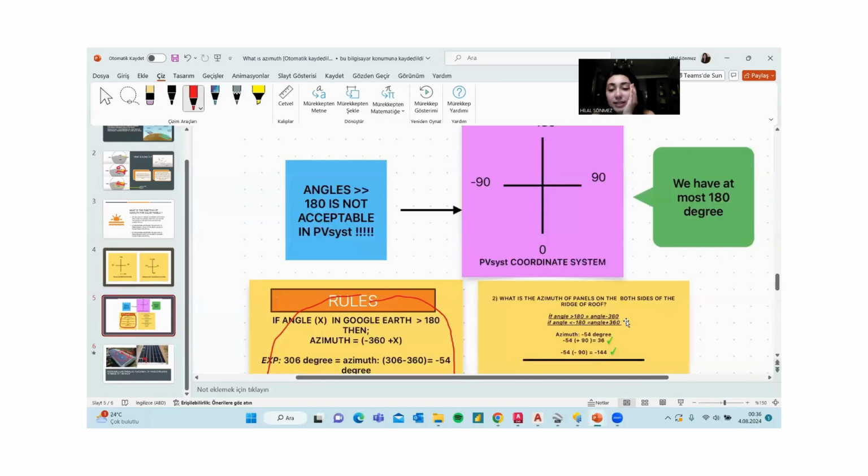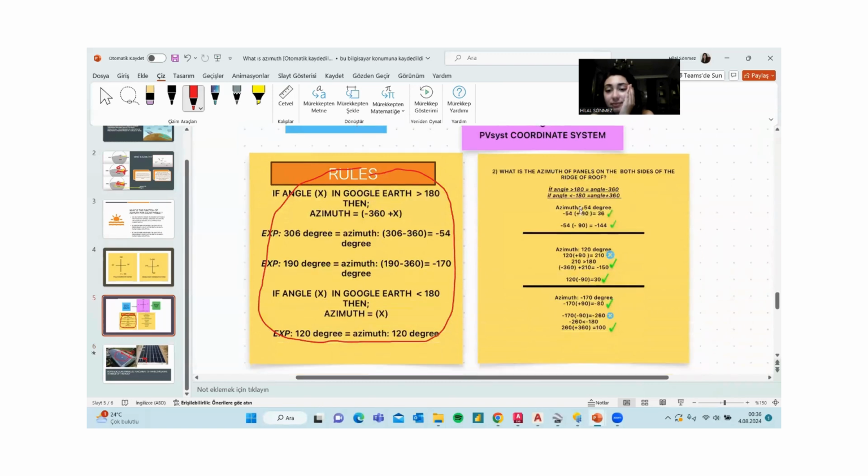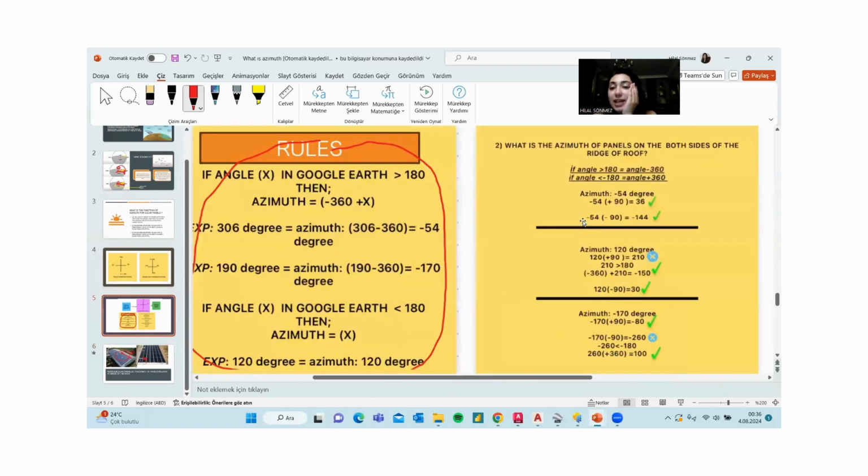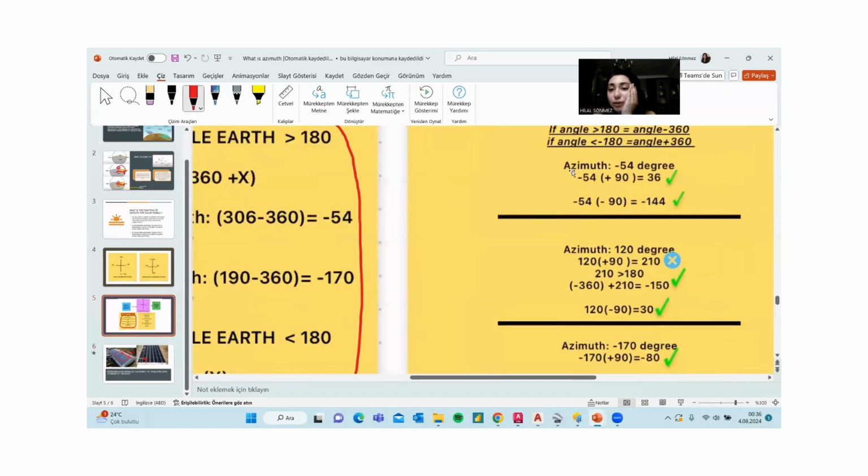Let's come to the rules again. For example, let's say we wrote that the azimuth of our roof is calculated as minus 54 degrees. This is the converted version from Google Earth to Pvsyst, and it is also the exact value for our project.